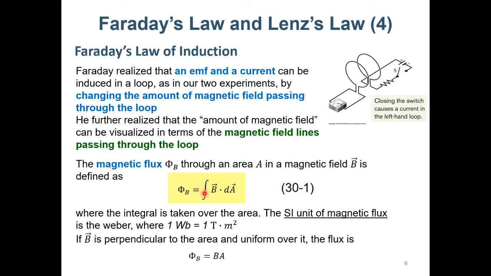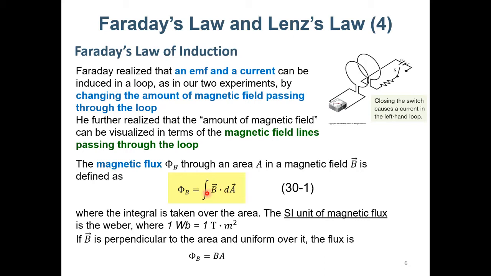Actually, we don't have a circle here. It doesn't mean a closed surface. It only means this surface, which is actually not closed. So we only have a simple integral sign here, or you can draw a double integral sign.